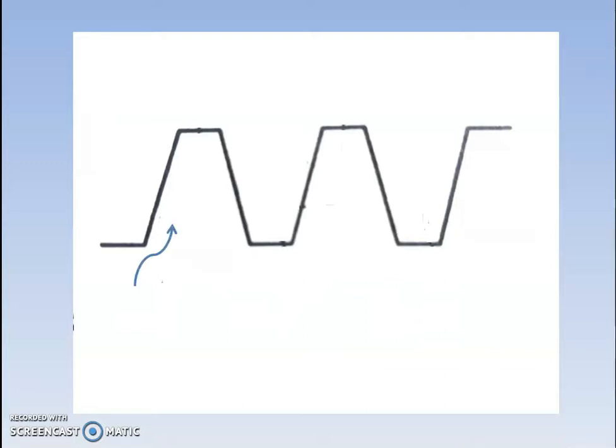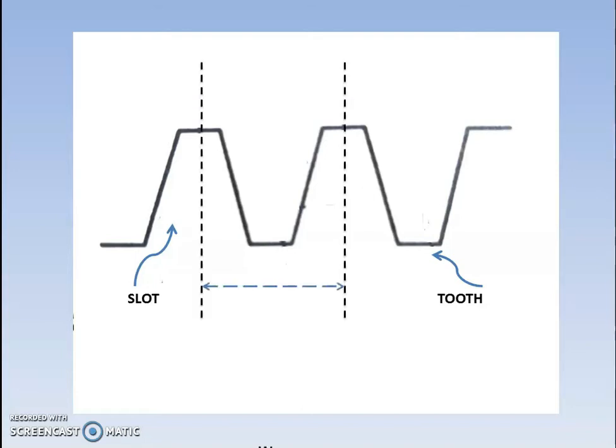Now this is a slot, and this is a tooth. We are calculating the stator tooth flux density, and from this we will derive the magnetomotive force required for the stator teeth. This is the width of the stator.